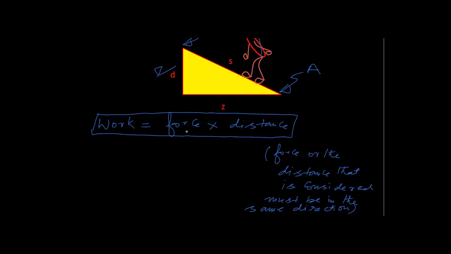Since the unit for force is Newton, represented by N, and since the unit for distance is meter in SI units, the unit of work would become Newton into meter, which is called joule.